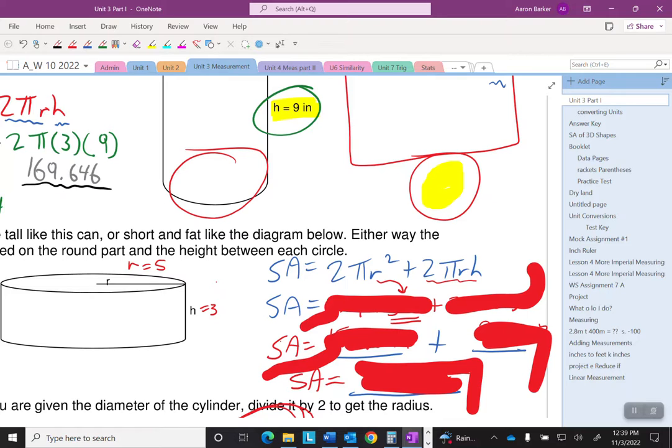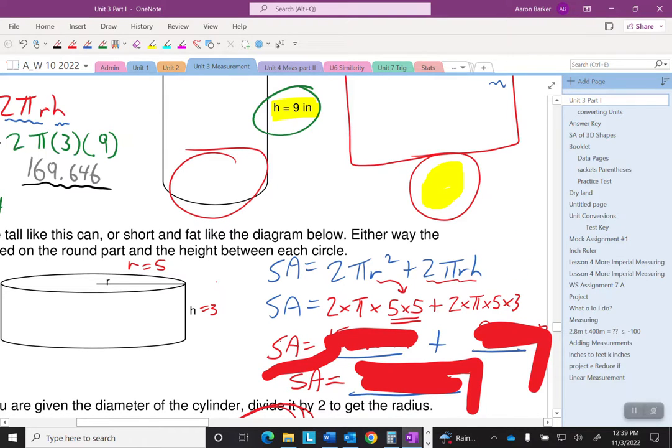So the first one, it should look like this. 2 times pi times 5 squared, or times 5 times 5. Okay, I wrote the long ways, times 5 times 5. And what's the second part? 2 times pi times 5 times 3.